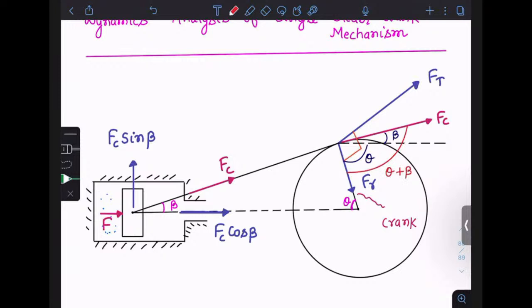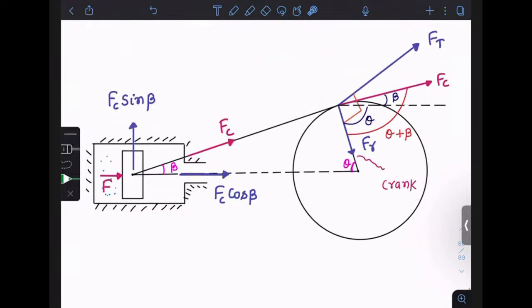That is very important. So now once you break the component, suppose you know the forces along the connecting rod. Once you break this component along the tangential direction and along the radial direction, you are going to get the expression of the forces. So now guys, I'm going to write all the forces and their formula because it is very, very important.